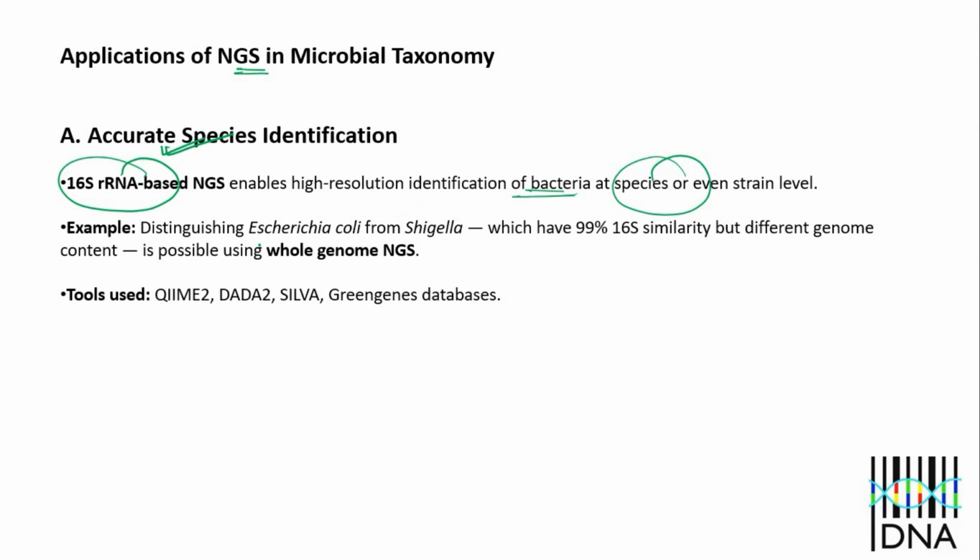For example, we can distinguish two bacteria like E. coli and Shigella, which have 99% 16S similarity but different genomic content, and this is possible by using whole genome sequencing. For this we use software like QIIME with the SILVA and Greengenes databases.